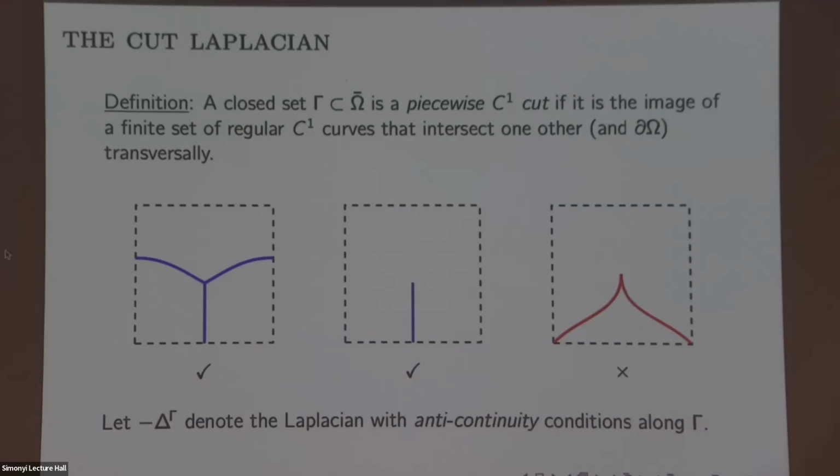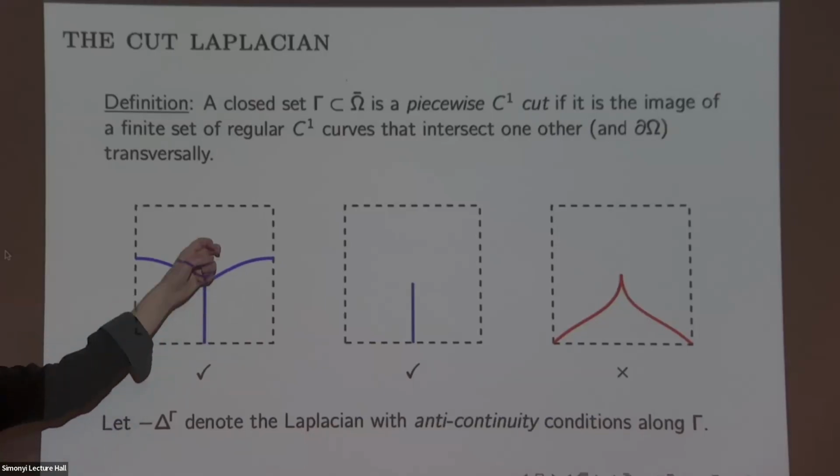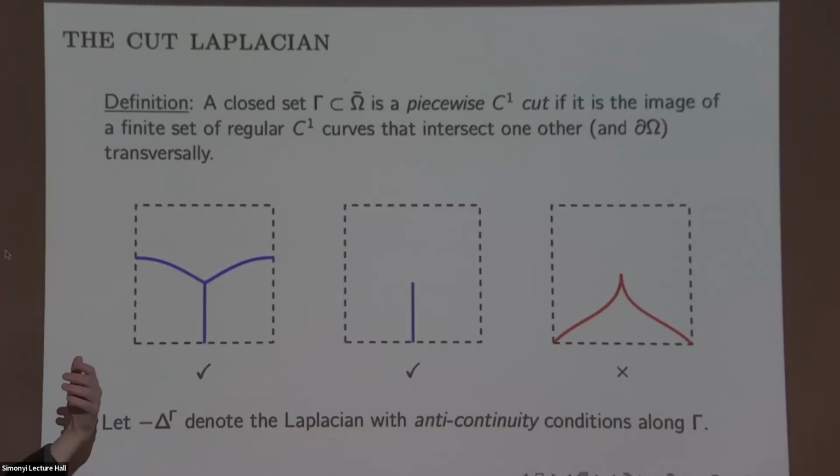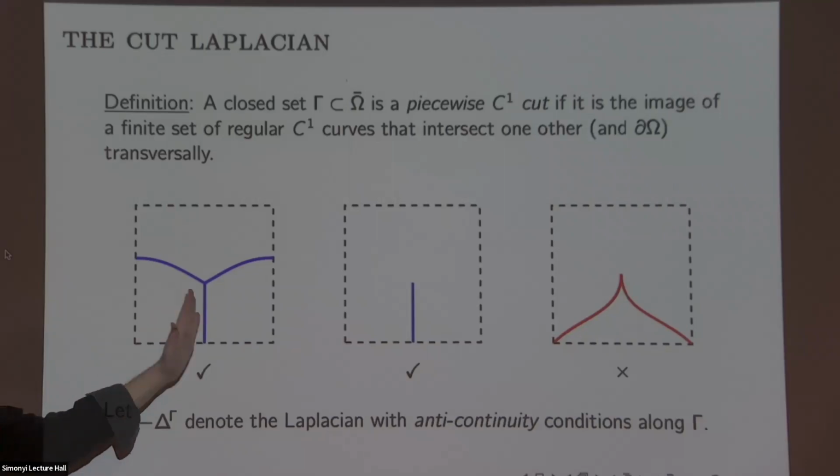Now, given such a set gamma, I'm going to define this operator delta gamma, which I'll call the cut Laplacian, which acts like the Laplacian on each component here, but I'm going to put anti-matching or anti-continuity conditions everywhere along this cut set gamma.